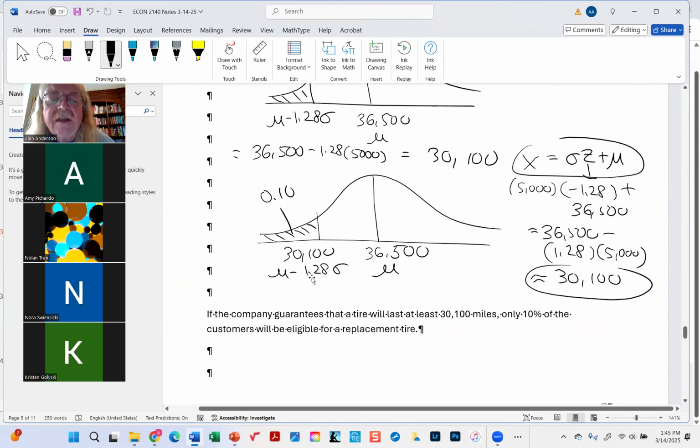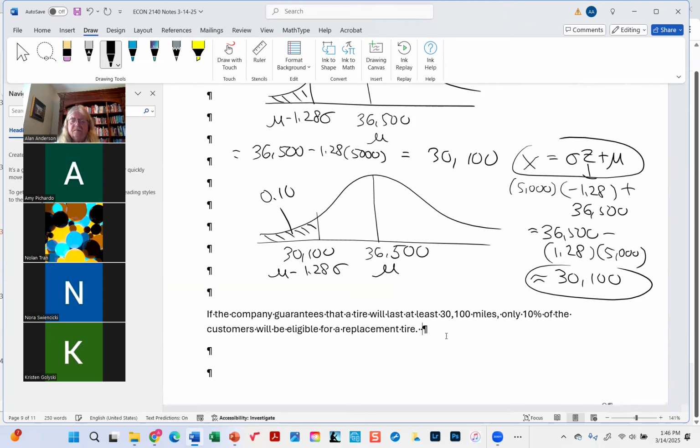So the long and short of all this is that if the company guarantees that the tire will last 30,100 miles, then only 10% of the time will the actual mileage be less than that. And those people will be eligible for a replacement tire. So the bottom line is the company should guarantee that the tires will last at least 30,100 miles.